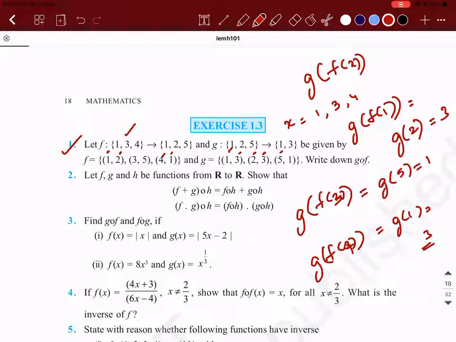When they say write g circle f, you need to write for all the values in the domain of function f. If the domain is, say, all natural numbers, then you need not write; it will become an infinite set. You'll write some values and leave. They'll not ask like that.